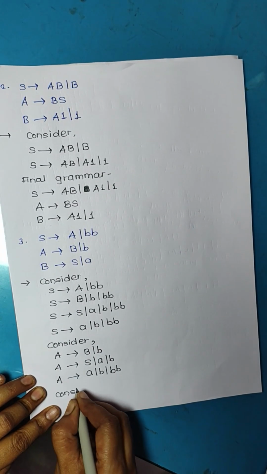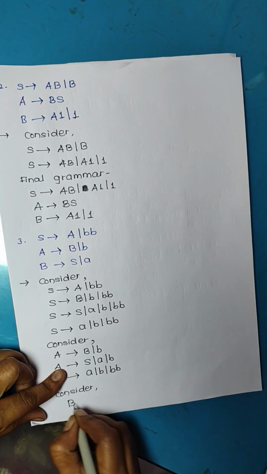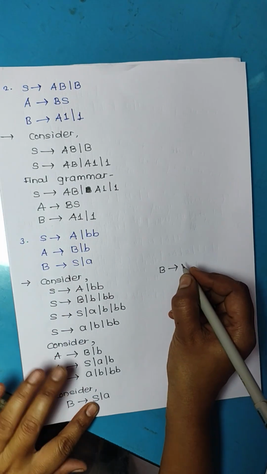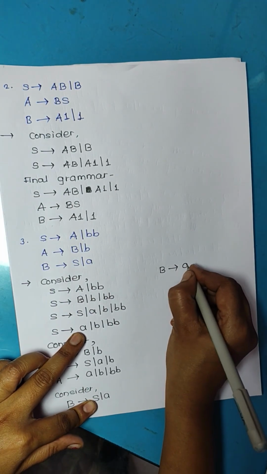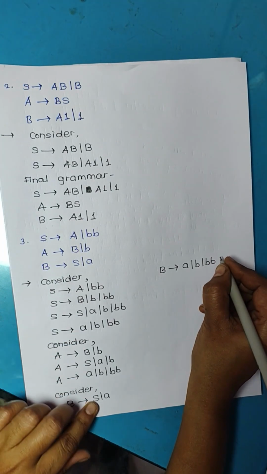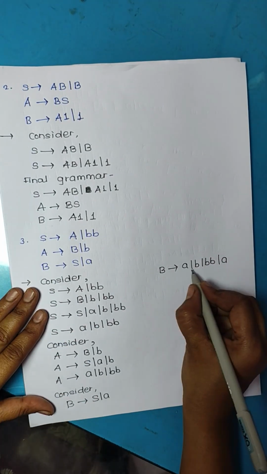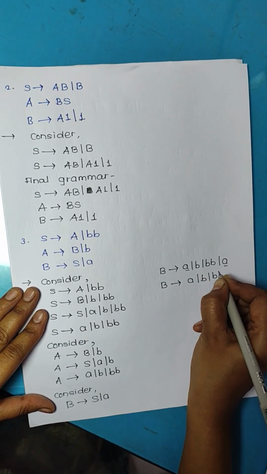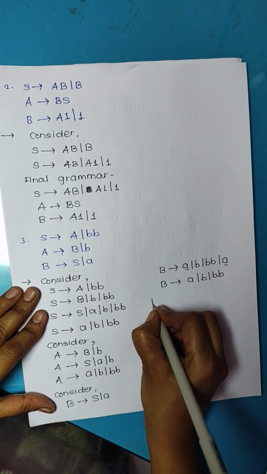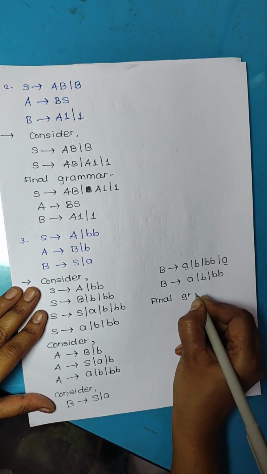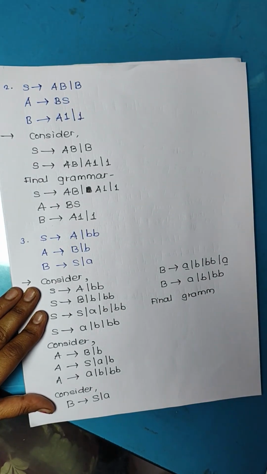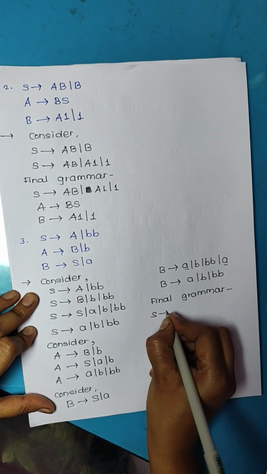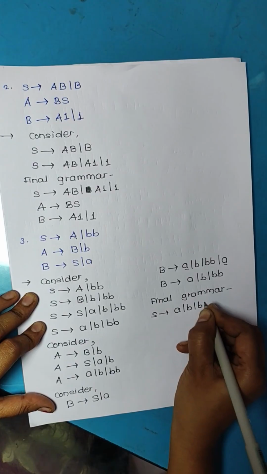Then consider the last production, B gives S or A. Instead of A we write the productions of A, that is A, B or BB, or this A. But this A is repeated, so A, B, B, B. So the final grammar after eliminating unit production is S gives A or B or BB.